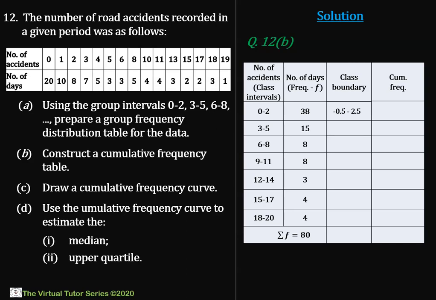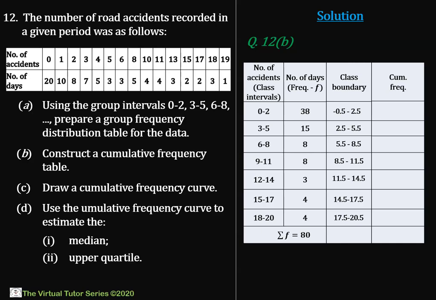Also, for the class interval 3 to 5, we have the class boundary to be 2.5 to 5.5. And for the class interval 6 to 8, we have the class boundary to be 5.5 to 8.5. And so on.